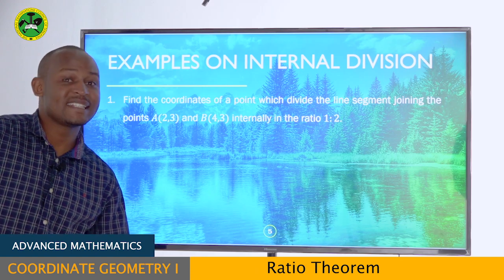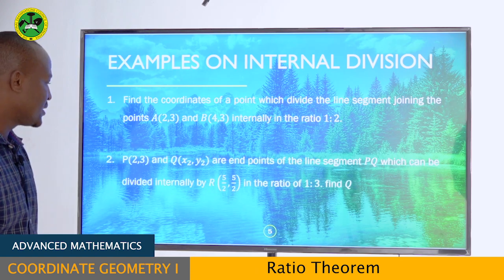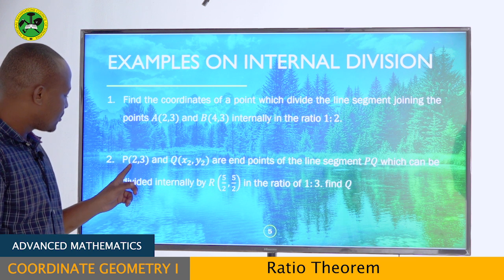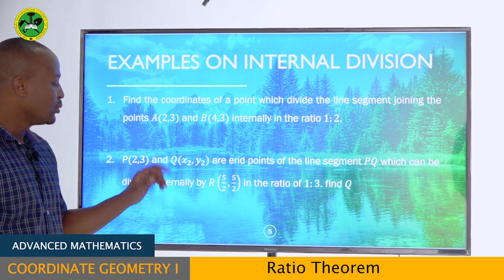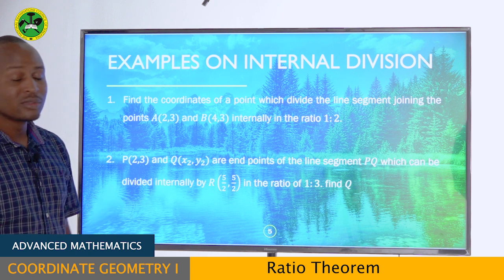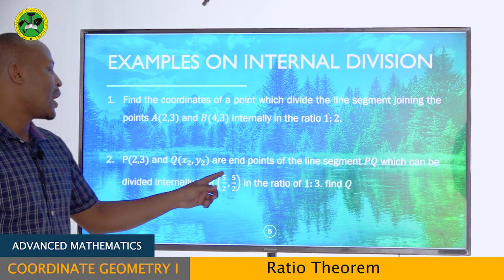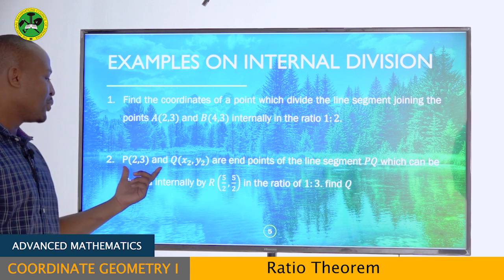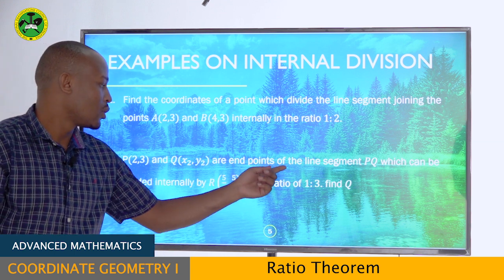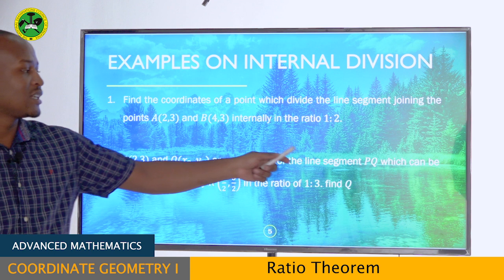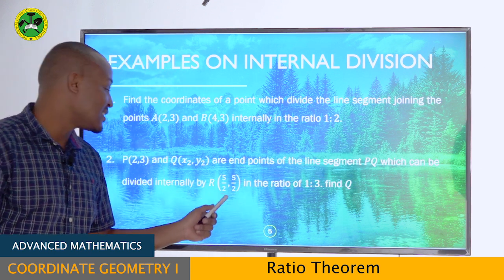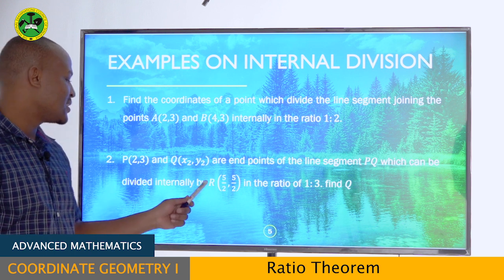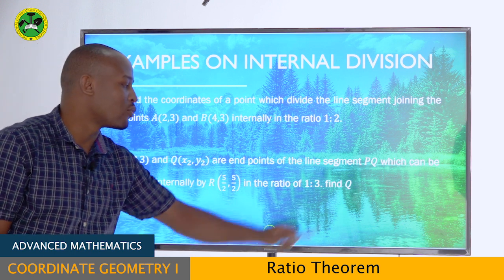Now let's check the second example and see what it tells us. We are given a point P, that is 2,3, and a point Q, that is x2, y2, as endpoints. These two points are endpoints of the line segment PQ, which is divided internally by a point R in a ratio of 1:3.